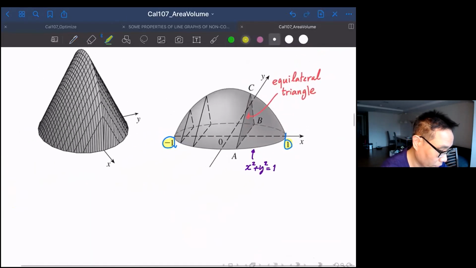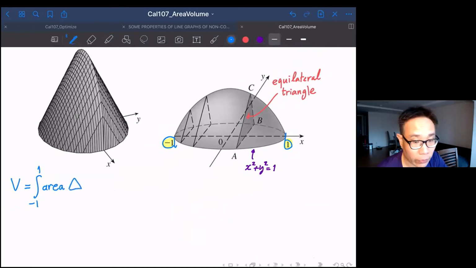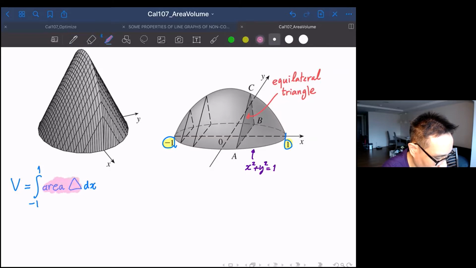Okay, so you know from the calculation that the volume equals the integral from negative 1 to 1 of the area of your cross section, the area of the equilateral triangle, dx. The thing we need to compute turns out to be the area of the triangle.